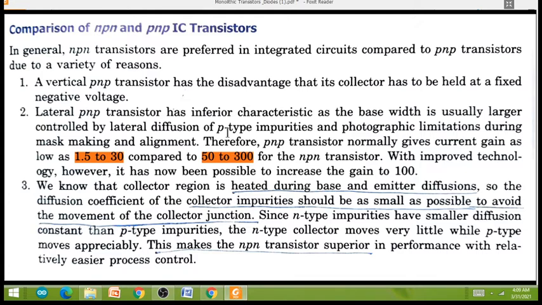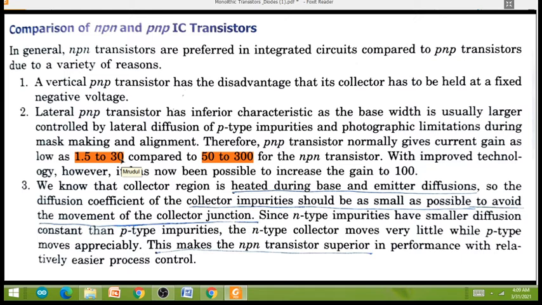First, because of the photographic limitations of the P type impurity and its lateral diffusion process, you get a slight variation in concentration in the emitter and the collector, and that will lead to variations in your PNP transistor's normal given current, in the range of 1.5 to 30. It is obvious that if you are able to remember the data then it's fine, but one should not ask a question on the basis of the readings.